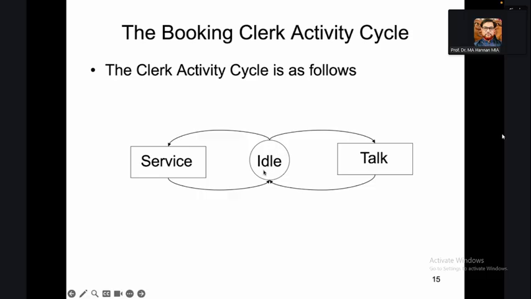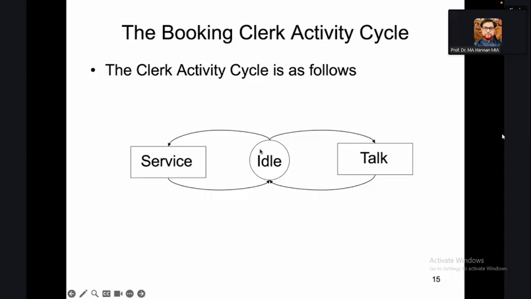He was in idle state. When he received a call, he talks and he goes to dead state. And again, from the dead state, he is giving some services, either selling the ticket or receiving the money, he is in active state. And again, when this person is gone, he is in dead state. Is the concept clear? This is for the booking clerk.